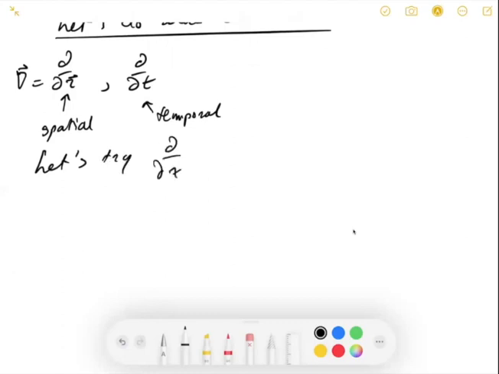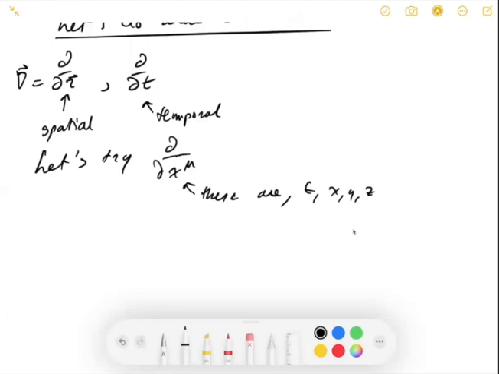Let's try d/dx^μ. I'm using the upper index on the thing that I'm taking the derivative with respect to, because these are your coordinates, right? These are t, x, y, z, the ones from the contravariant coordinate system.